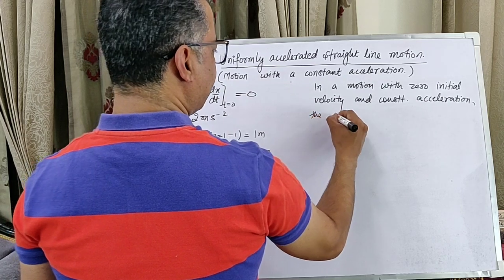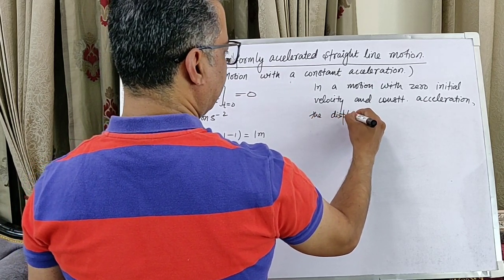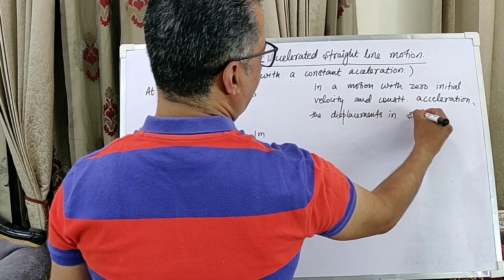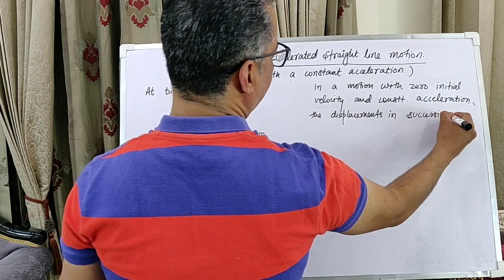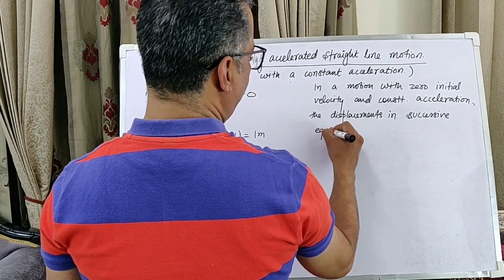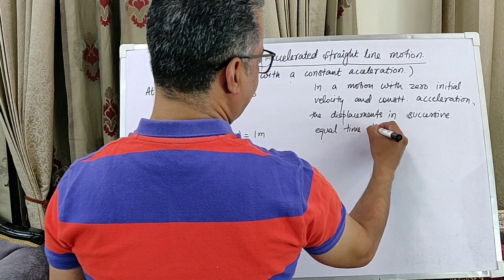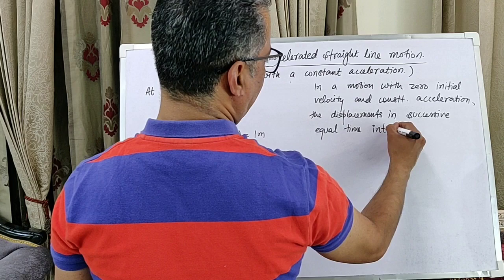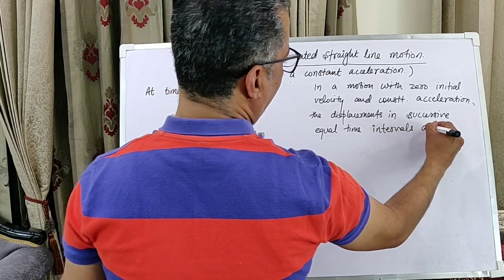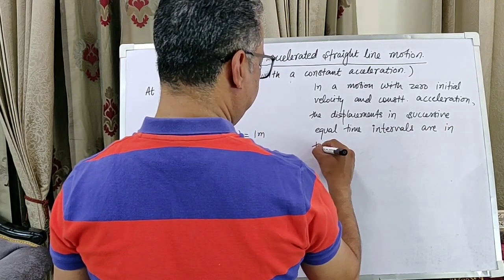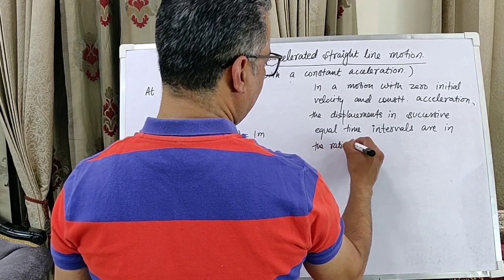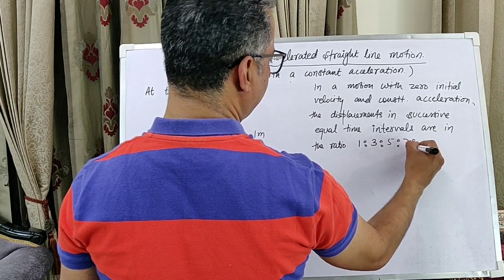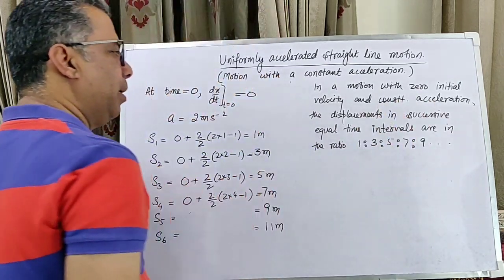the displacements in successive equal time intervals are in the ratio 1 is to 3 is to 5 is to 7 is to 9 and so on.